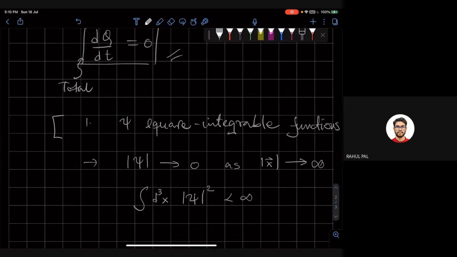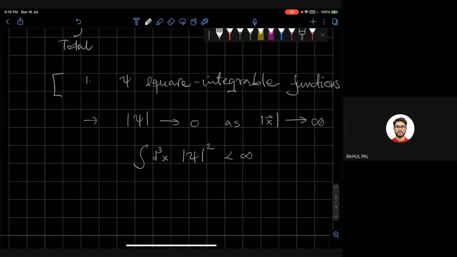You are to assume that they are square integrable. And number two, you may have to use not Stokes' theorem, but Gauss's divergence theorem.